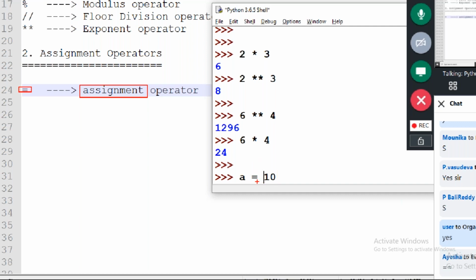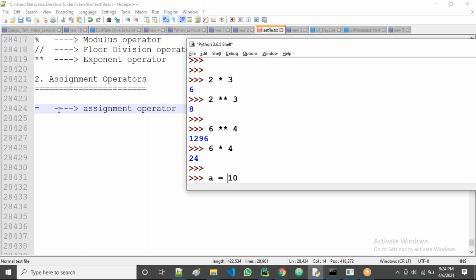The right side value will be assigned to the left side variable. The right side value may be an integer value, float value, string value, any value, assigned to the left side variable.